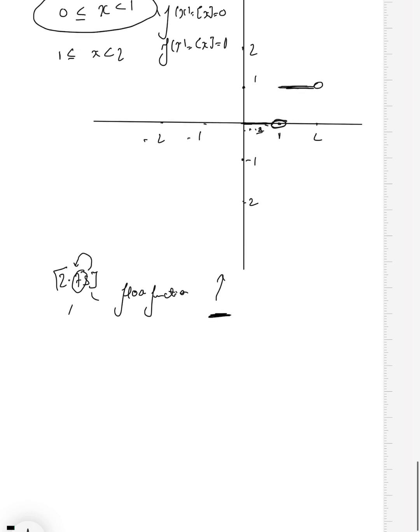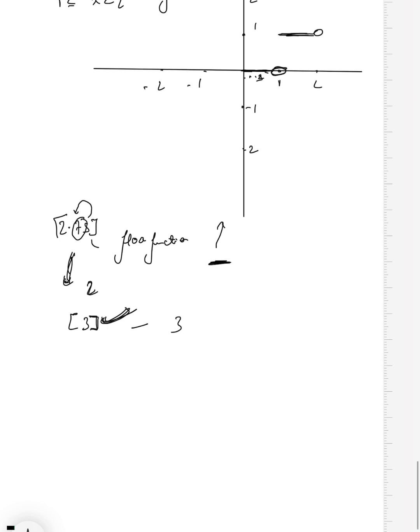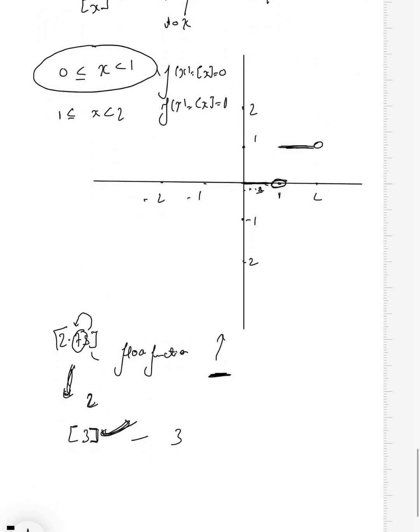So here it drops to 2. I think I made the point clear. And if I put 3, then congratulations, you have reached the ceiling and the value of the greatest integer function is going to be 3.